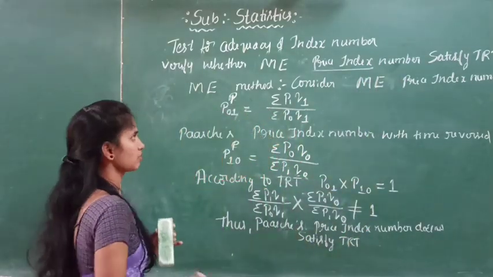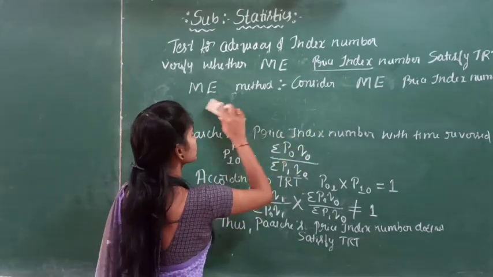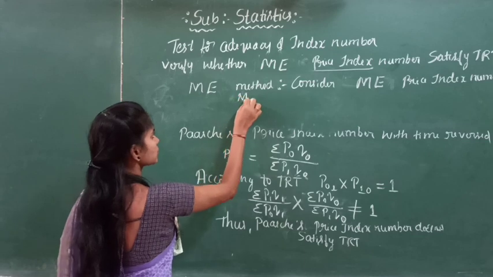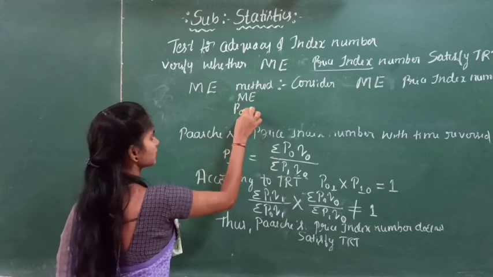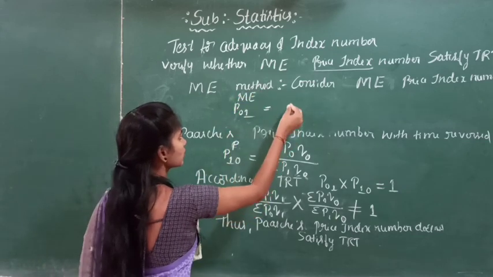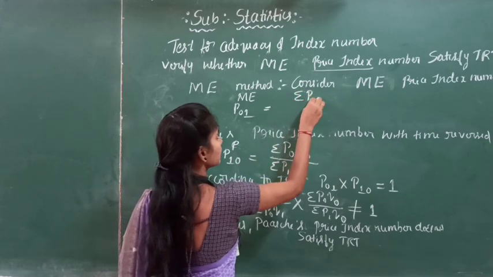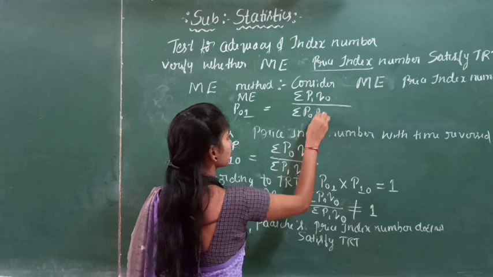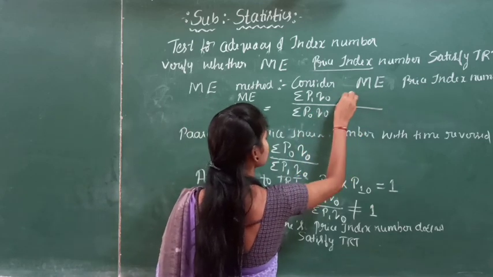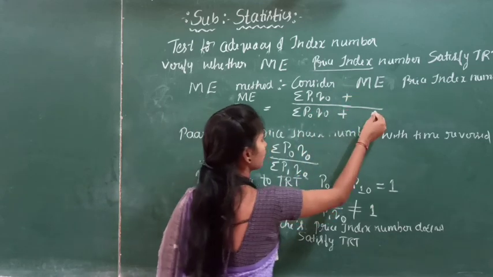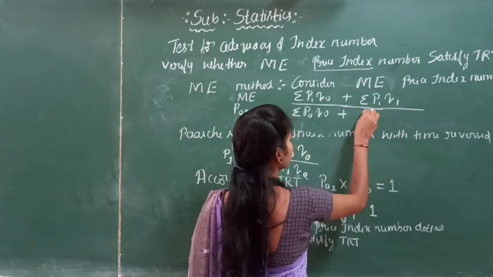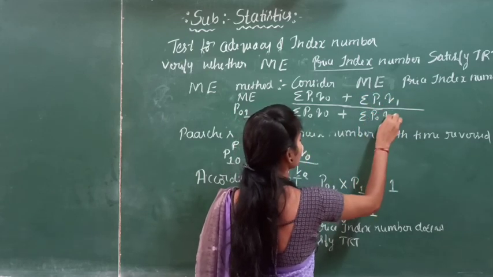The formula is summation P1 Q0 plus summation P1 Q1 in the numerator, divided by summation P0 Q0 plus summation P0 Q1 in the denominator.